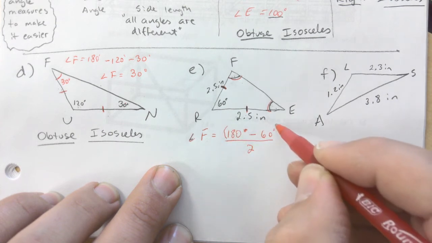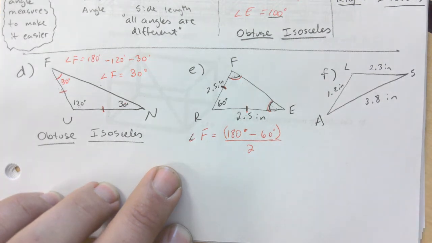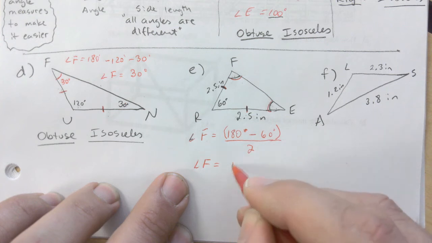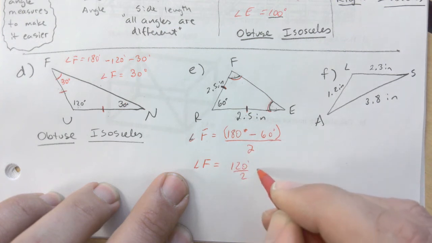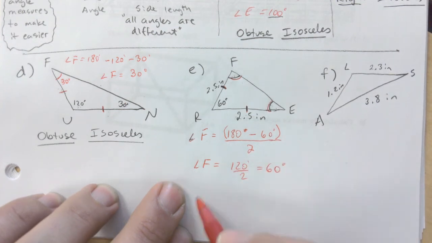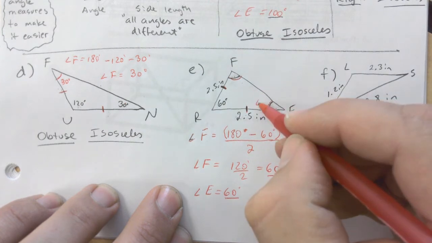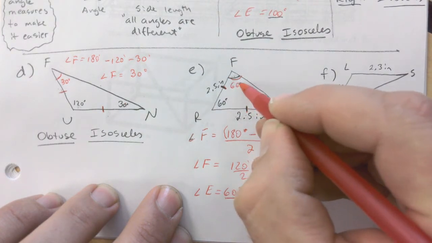The top has to be done in brackets, okay? So angle F is going to be 120 divided by 2, which is 60 degrees. So angle E is also 60 because these two are the same. So this is 60, this is 60.